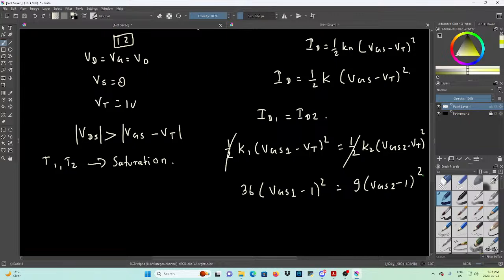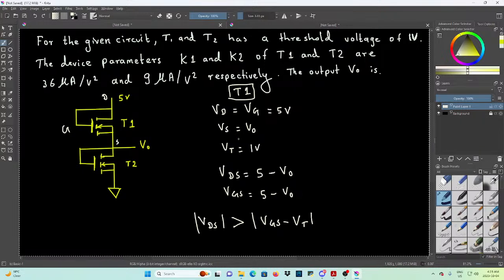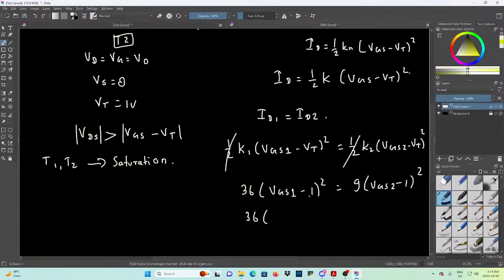Okay, and for the first one, VGS is nothing but VG minus VS. So I think we know the VG, that's 5, and VS is V0, so we can substitute that. So 5 minus V0 minus 1 square. And for the second one, VGS is nothing but VG minus VS, and VG is V0, the output voltage actually, and VS is 0, minus 1 whole square.